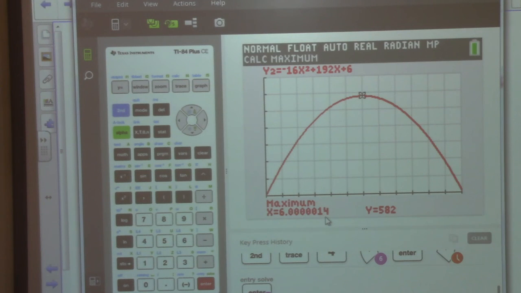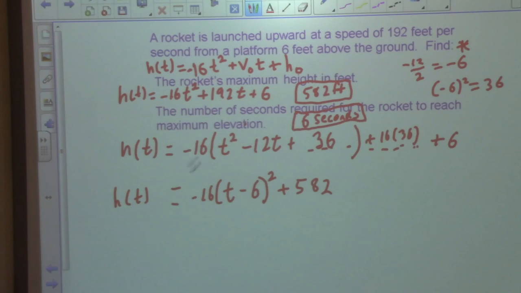So this is 14 ten-millionths off, essentially a rounding error. When you see numbers very close to an actual integer, but off by millionths or billionths or trillionths, that means it's really going to be that exact number, whatever it is. So the calculator in this case confirmed what we got by completing the square.